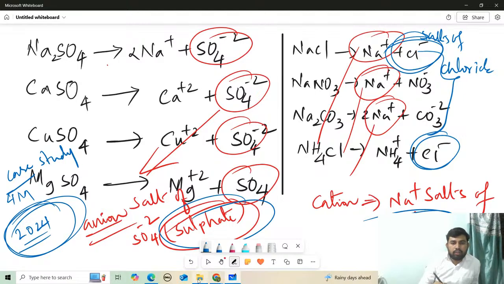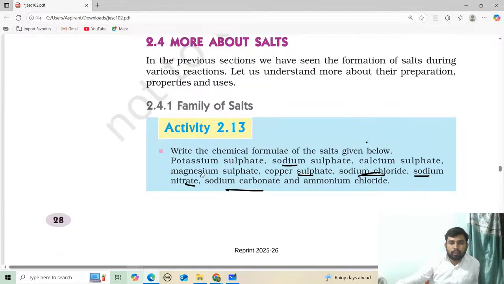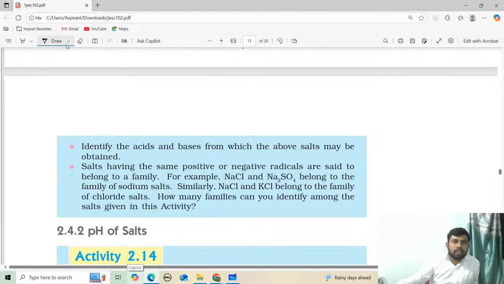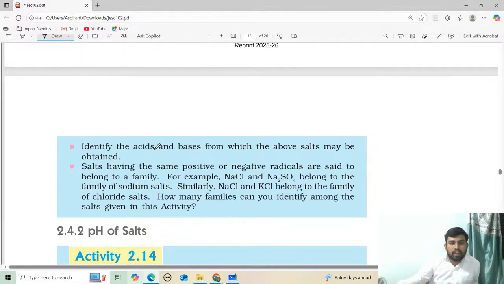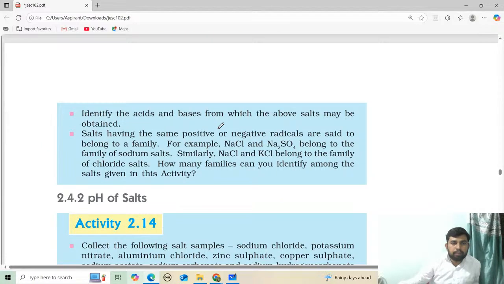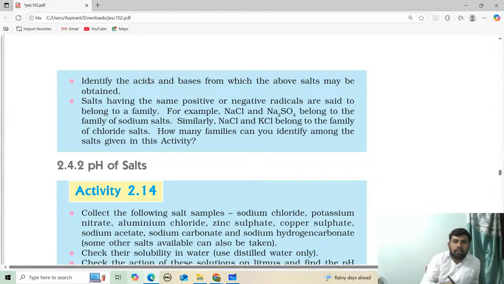Then after this, come to the next topic of this chapter. They have given something else. What else? They have given about identifying the acids and bases from which salts are formed. Salt families. Now they are asking you to identify the acids and bases from which these salts are formed.